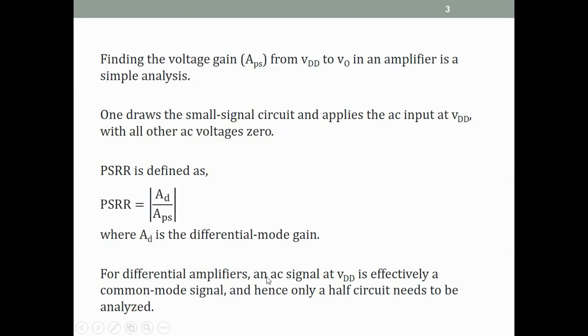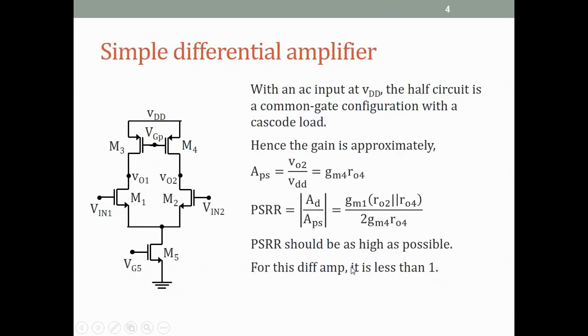When we apply an AC signal at the VDD of a differential amplifier, it is effectively a common mode signal because it travels down both the arms of the differential amplifier equally, and therefore while analyzing the AC circuit to find APS, we only have to analyze the half circuit of that differential amplifier. So with that, let us qualitatively find PSRRs.